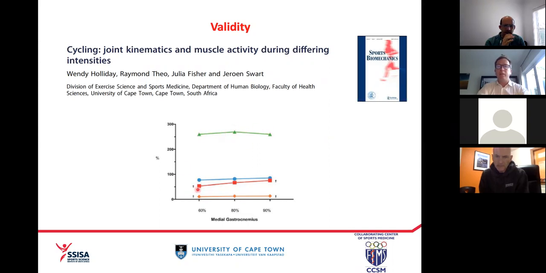And in fact, there's only a subtle increase in one quadrant, whereas in the other quadrants of activity, they are fairly static. And what is happening here is that as you're increasing the force applied by the gluteals and by the quadriceps, which are large muscles which can produce a high amount of force, the relatively much smaller gastrocnemius and soleus are unable to transfer that force effectively to the pedal, and therefore the ankle moves passively into a more dorsiflexed position where there is an increased tension in the muscle, which is then allowing it to apply that force through the foot, which is the lever that applies that force to the pedal.